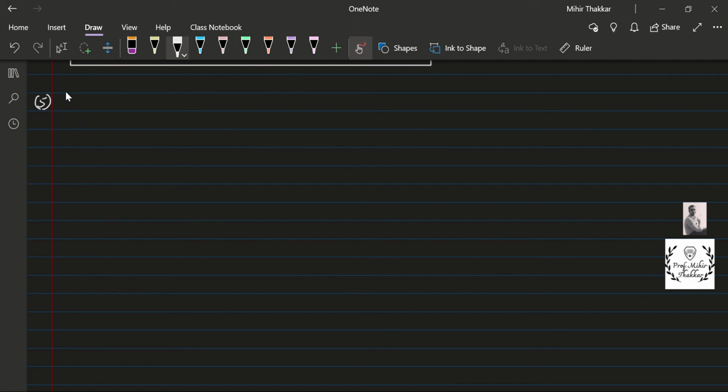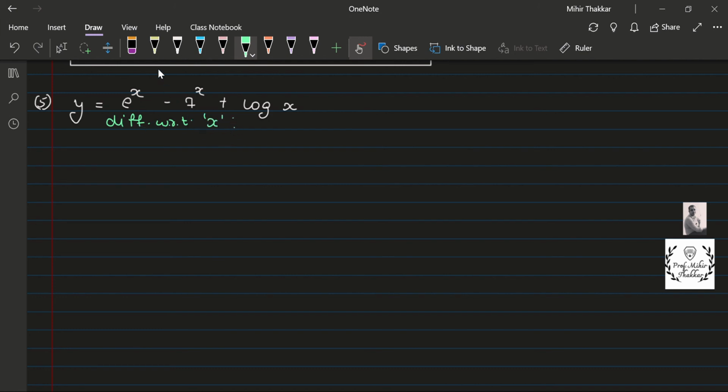Number 5, y is equal to e raised to x minus 7 raised to x plus log x. If I get this kind of a question, once again I have to write over here differentiate with respect to x.